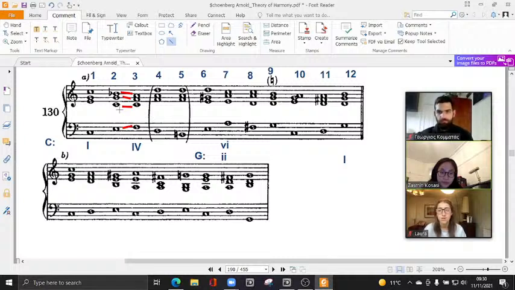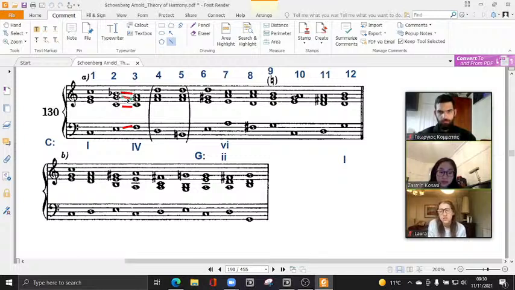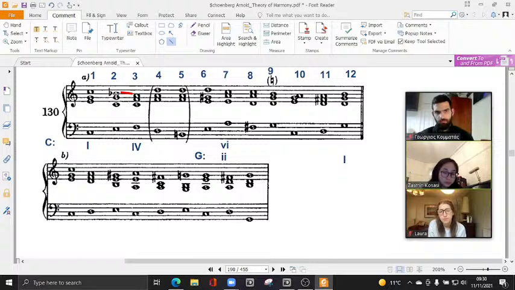Let's say in a dominant seventh: C to B flat, B flat to A. B flat to A. And then E to F. E to F.